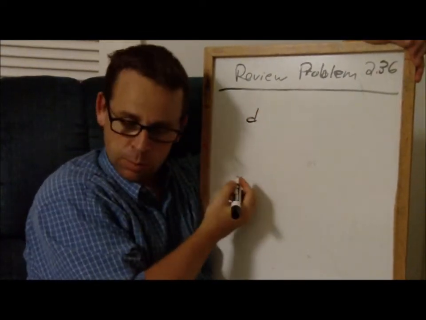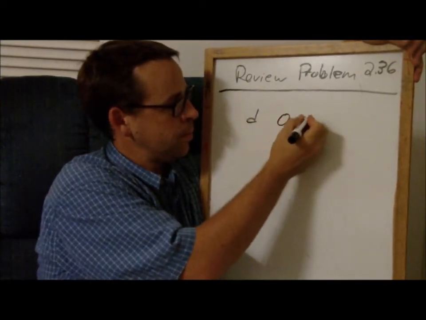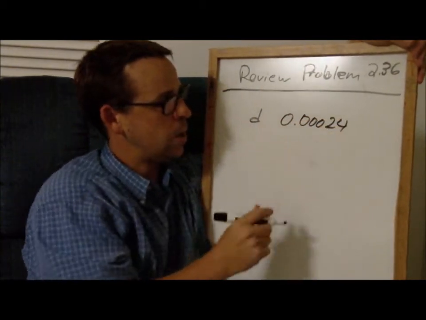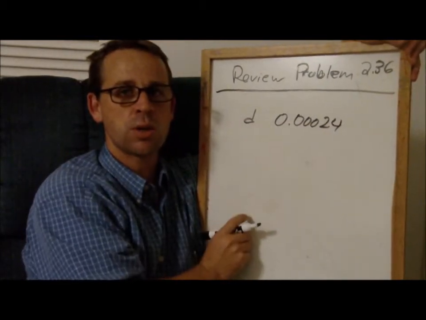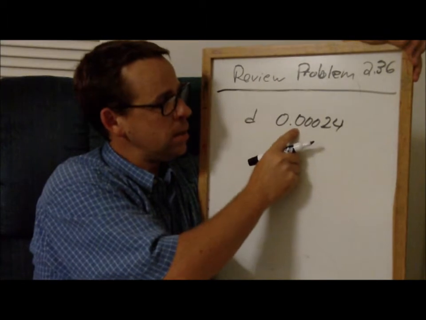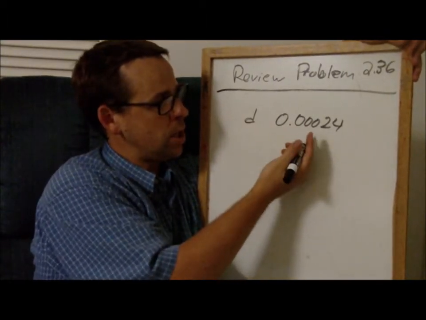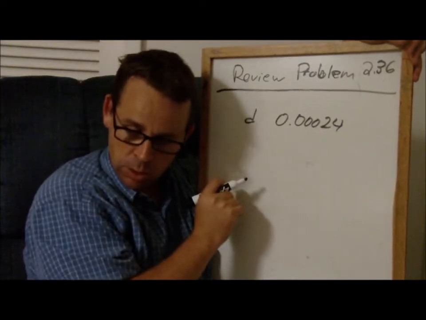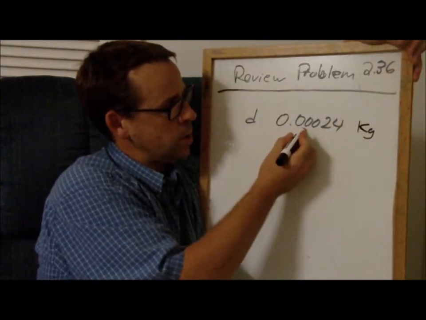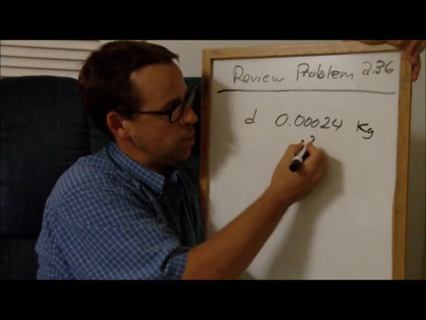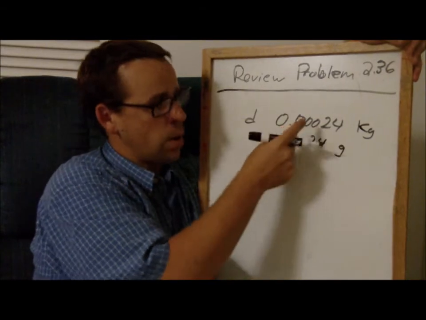236D, 0.00024. Here we have 2 significant digits. Those 2 non-zeros are always significant. These zeros right here are just placeholders. We could easily change this number. If the units are kilograms, we could just move the decimal place over and make it 0.24 grams.